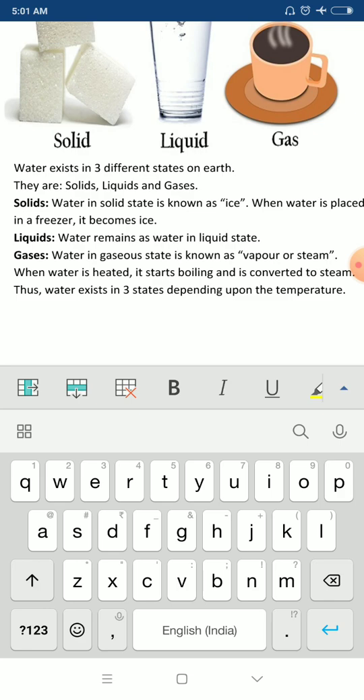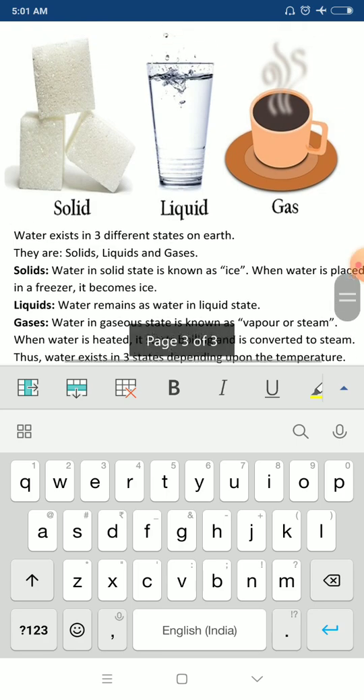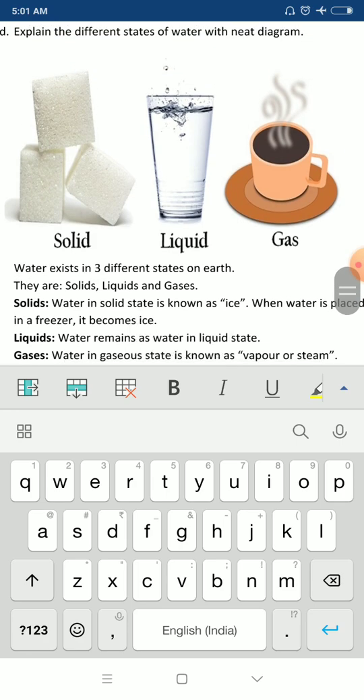So you have to mention the three states and how we are going to get that state. Like, we are going to freeze the water to get ice, or we are going to boil the water to get the steam. We have to mention all this for the three different states of water.